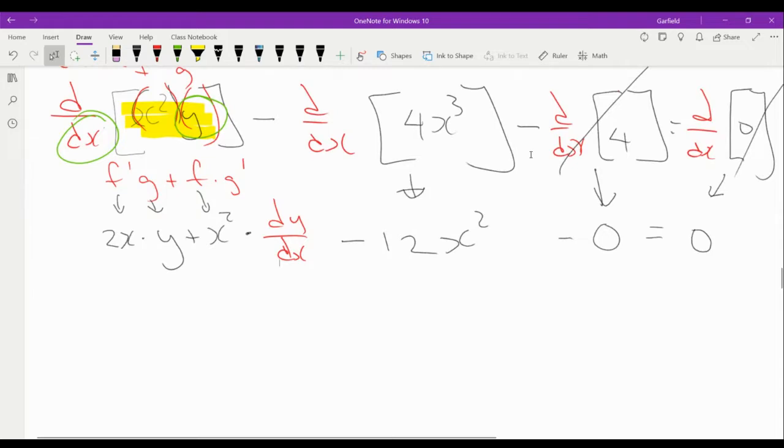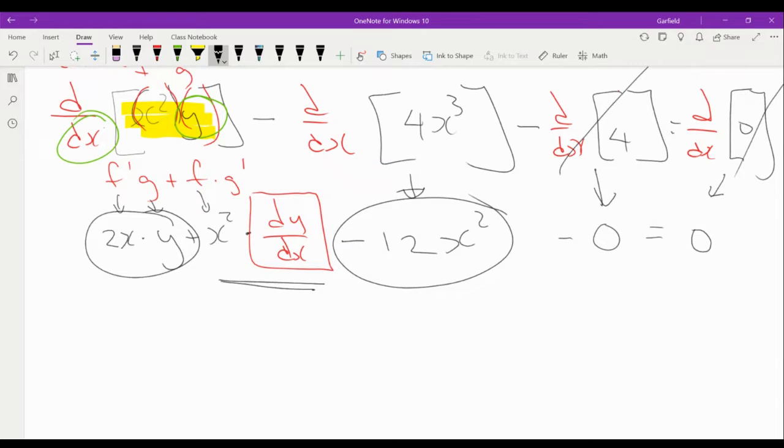Now, what can we do? We're solving for dy by dx, so we need to get this by itself. So we could keep the 2x, well, let's not keep that. We could keep all of this on this side, and we could move everything else, like this and this, over to the right side.